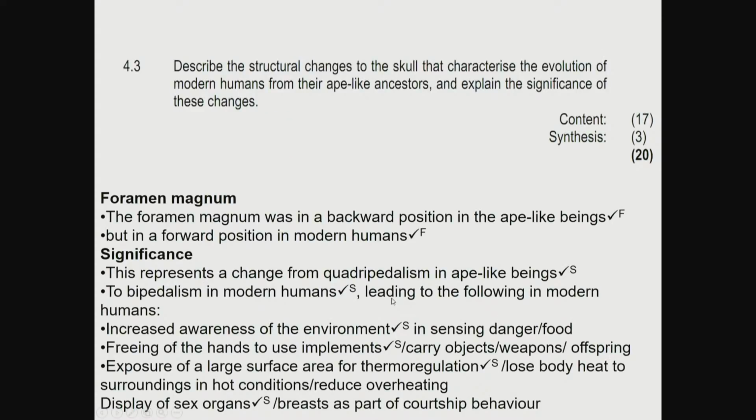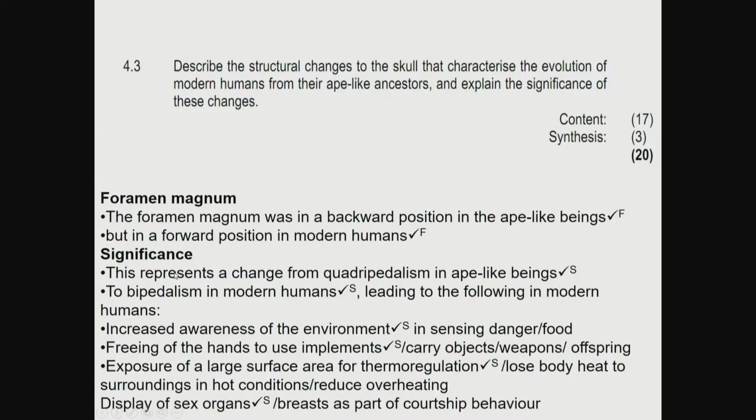Same questions again. Now we must also emphasize the significance of the foramen magnum, which was in a backwards position in ape-like beings and is now in a forward position in modern humans.